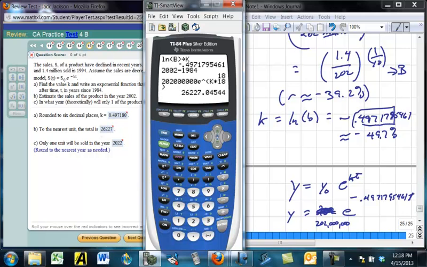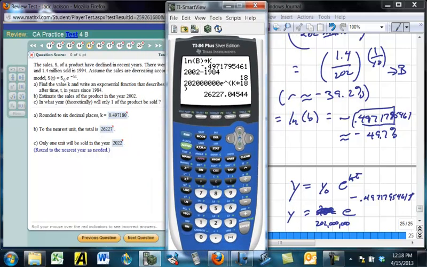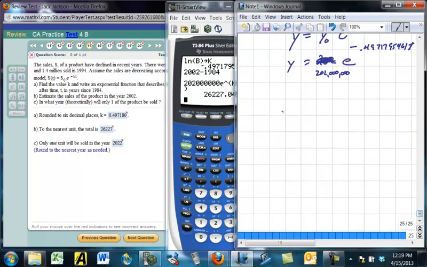In what year will only 1% of the product be sold? When will it get down to only one of the product sold? So you want to put y equals 1. If this would continue long enough, I'm just going to say kt with my k that I have.